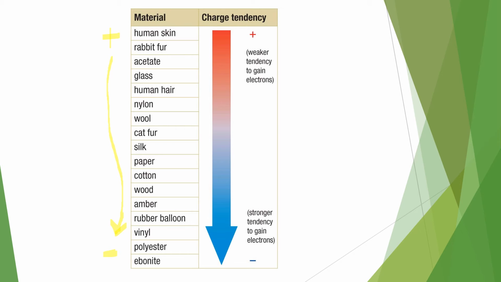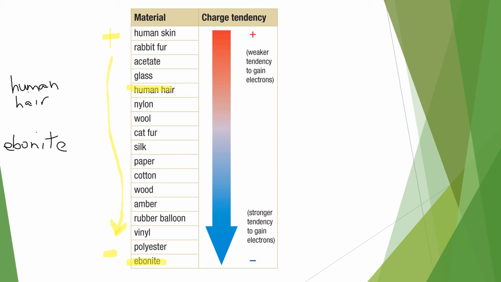So just to do a quick example with you here, if you were to take, let's say, human hair, and rub human hair with an ebonite rod. Okay, so if you were to charge by friction, so rubbing human hair with ebonite.